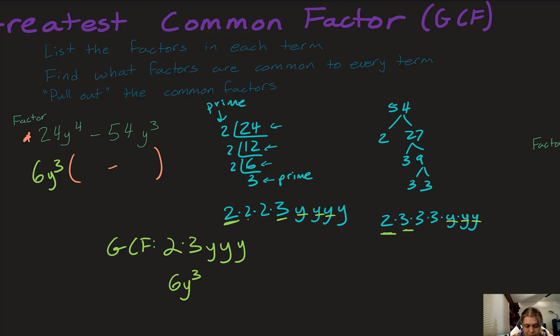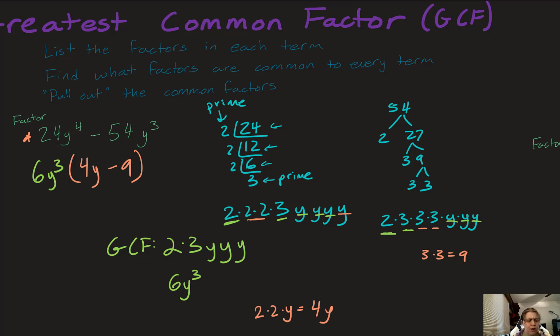Down here, what I have left is 2 2's and a y, so this would be 2 times 2 times y, which is 4y, and that's going to be my first term. Over here, I have a 3 and a 3 left with no y's. So 3 times 3 gives me 9, and that's what's left in here. So 4y minus 9. We have 6y cubed on the outside, 4y minus 9 on the inside.